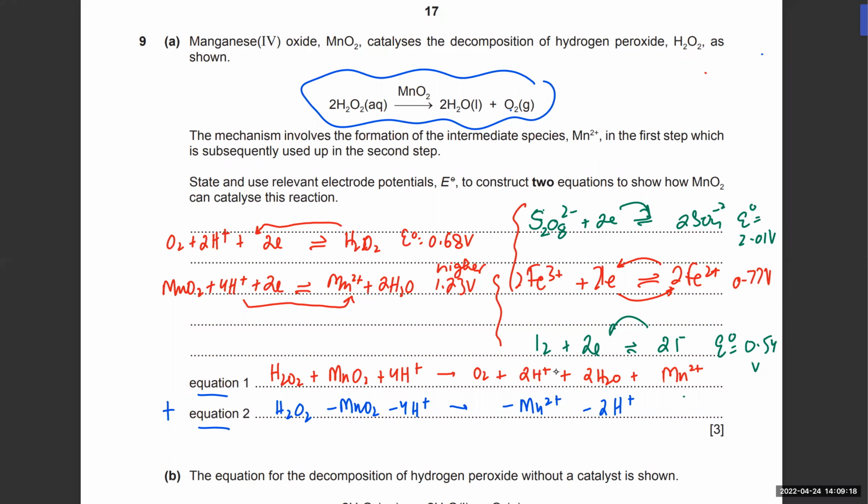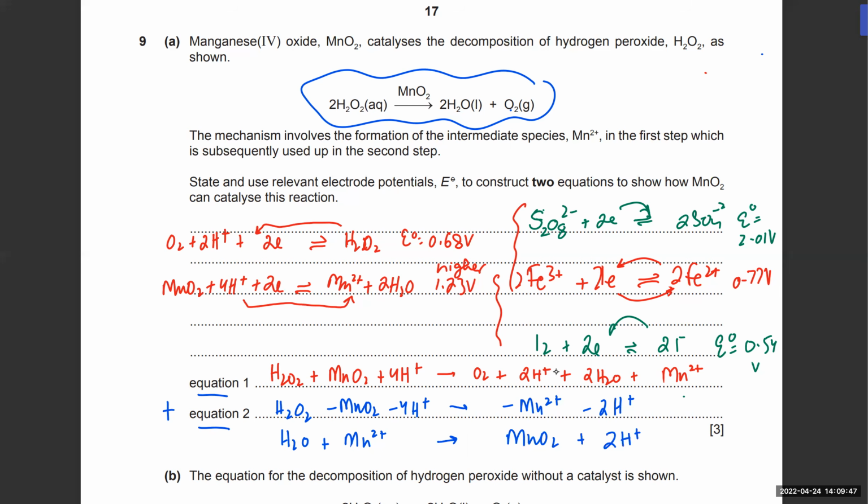And we're now going to rearrange this. So if I rearrange this, it's going to be H2O2 plus Mn2+, and my product side would be MnO2 plus how many H+? 2H+, right?